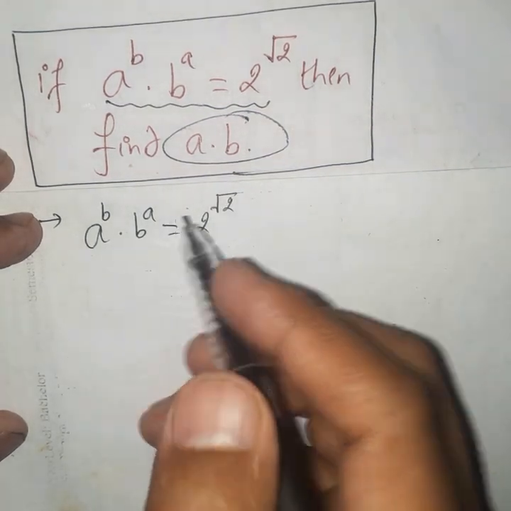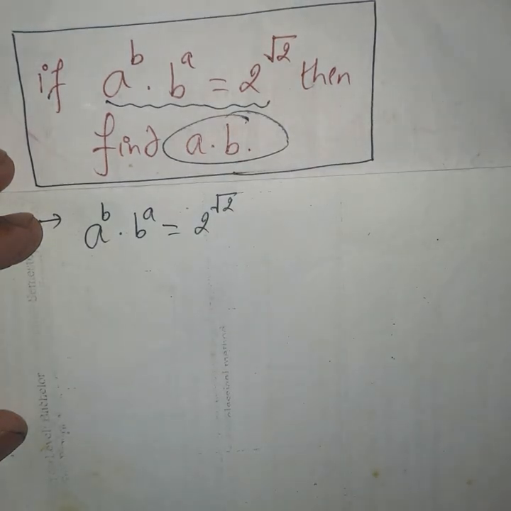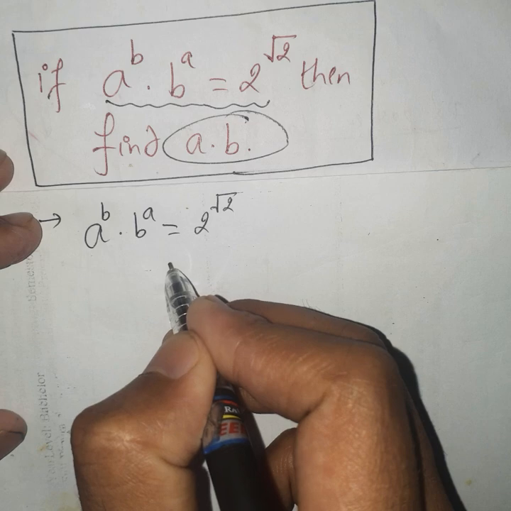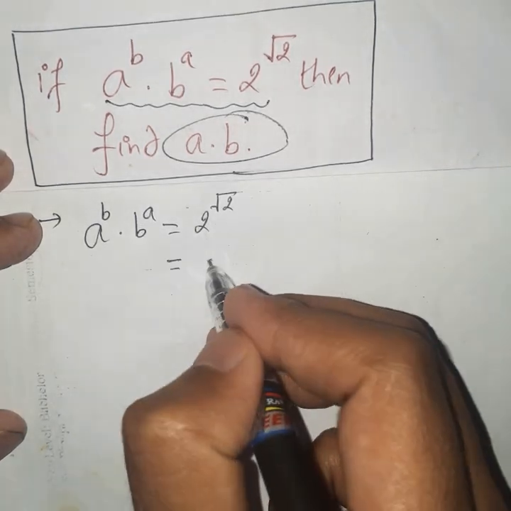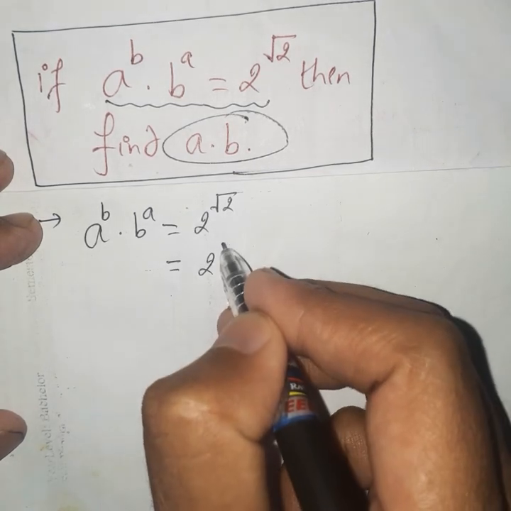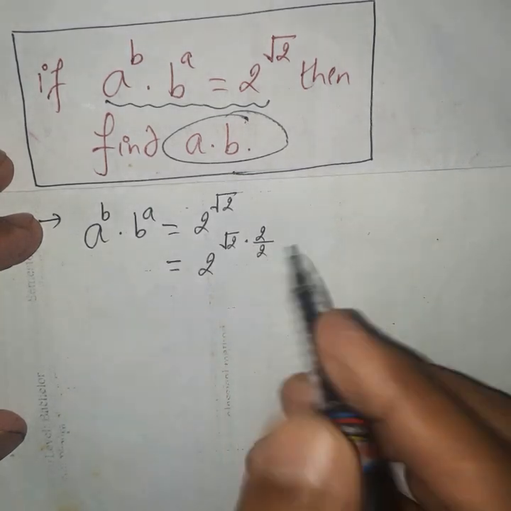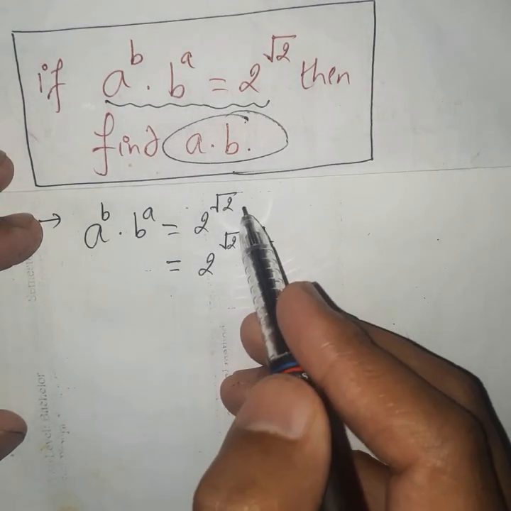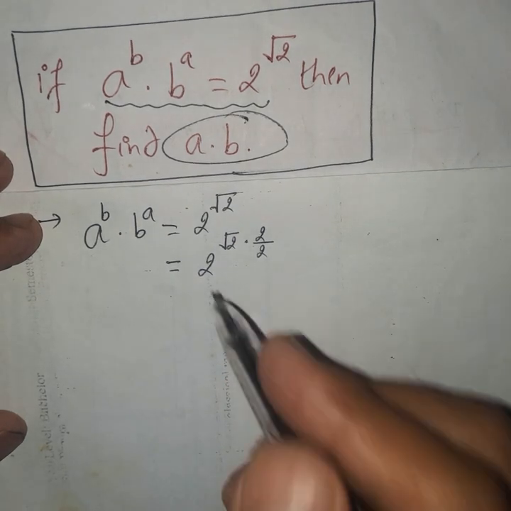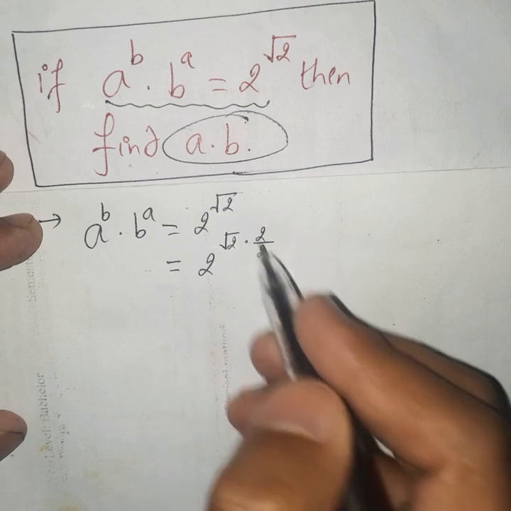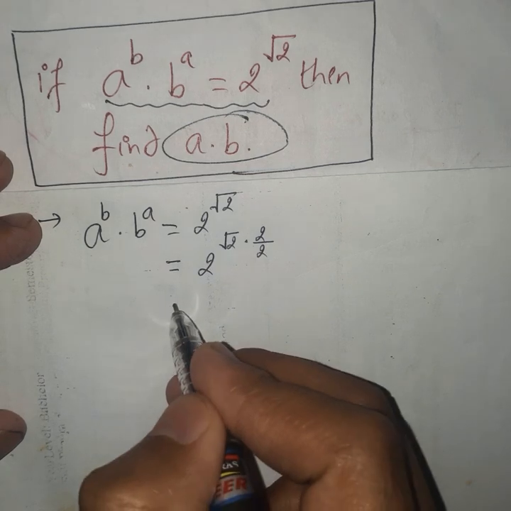Let's simplify this and calculate the value of a times b. Let's do some simplifications on it. 2 raised to the power of square root 2 times 1, and in place of 1 we can write 2 over 2. This can be further simplified.